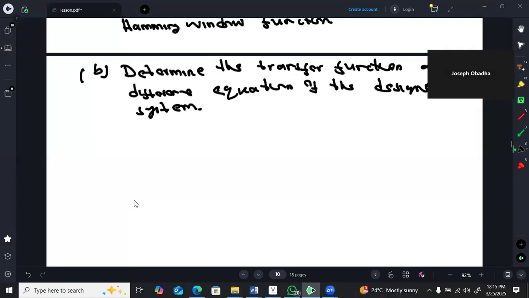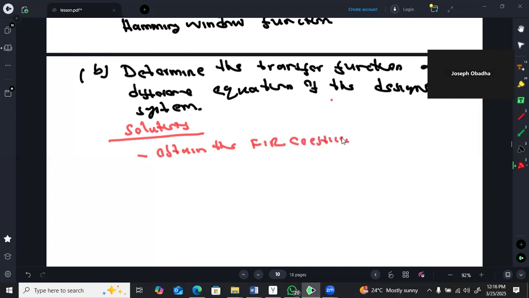But we are going to use the results that we had obtained from the previous slide, because if you look at the procedure that we need to use, we need to obtain the FIR coefficients through the Fourier transform method.